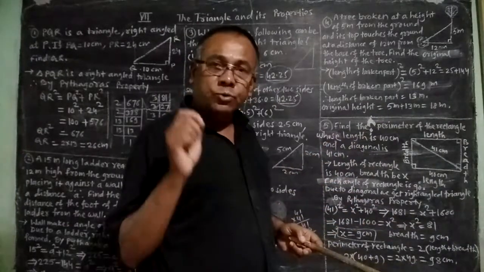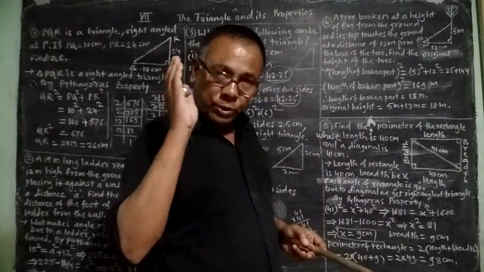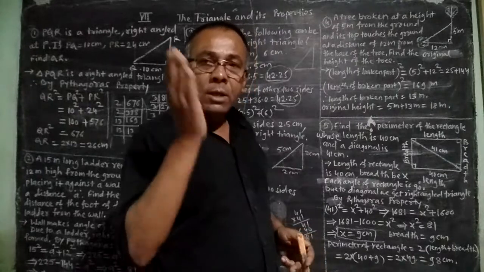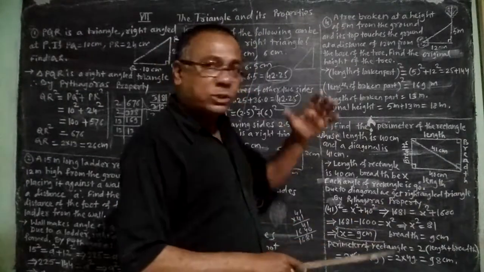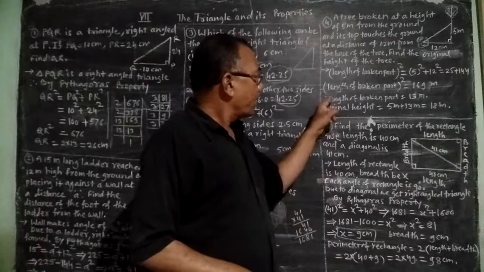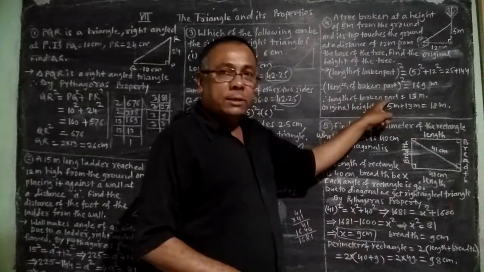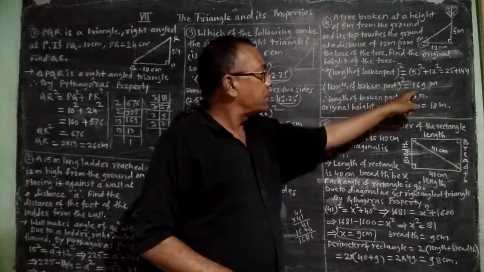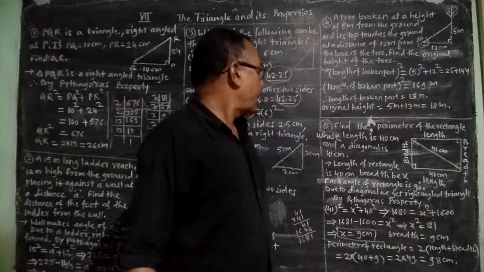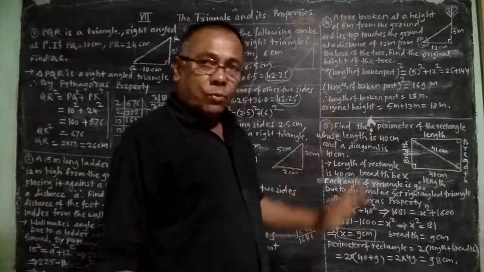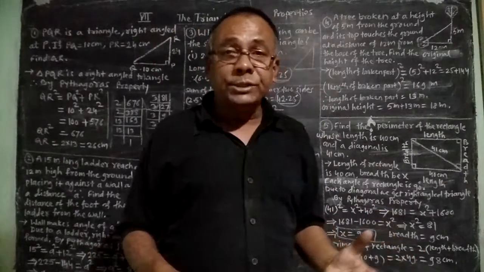But we have to find only the length of the broken part. So taking square root on both sides, we will get length of the broken part is equal to square root of 169, which is 13 meter. And therefore, now we have to find the original height.